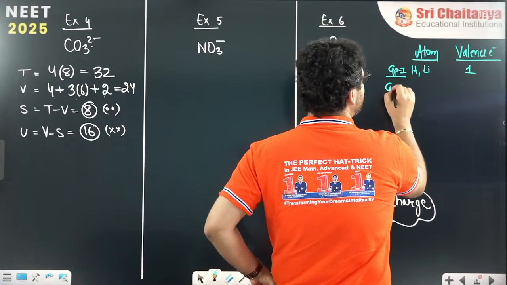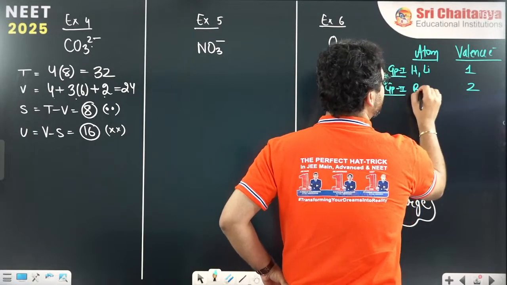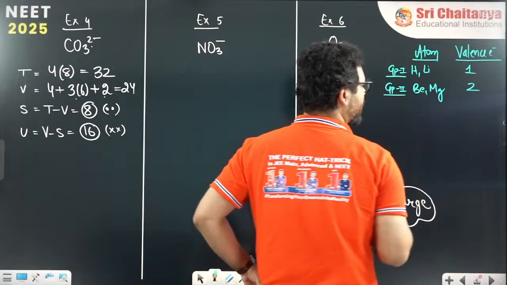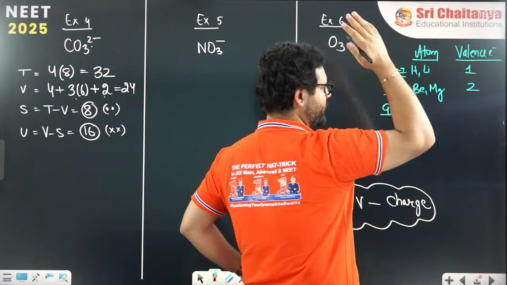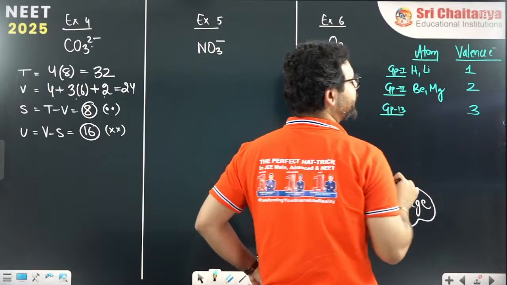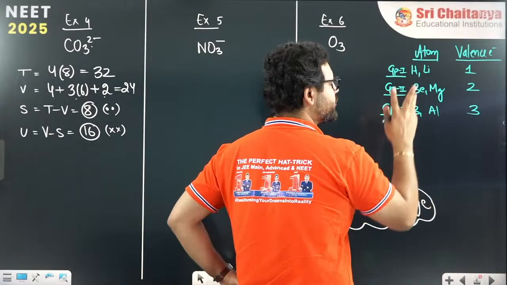If the atom is a group 2 atom, there will be 2 valence electrons, like beryllium, like magnesium. If the atom belongs to group 13, then 3 valence electrons. Group 13 means the boron family. Boron, aluminium, gallium. First 2 you remember.